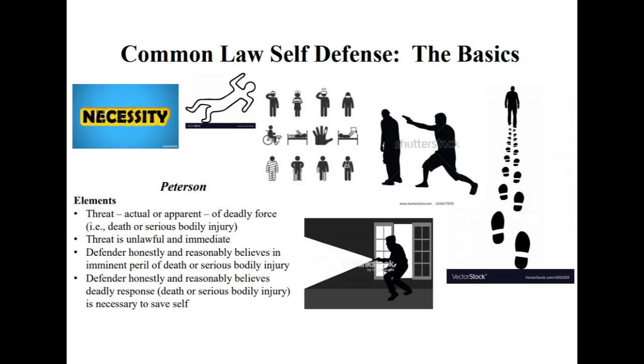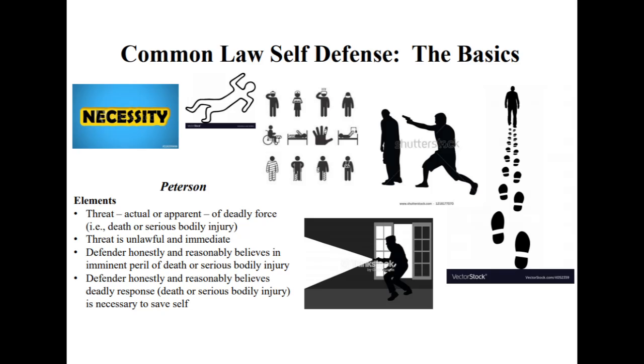So the basic elements that the court sets out for a claim of self-defense include four, as I identify them. You might identify them differently. It makes no difference to me how you identify them, but you must be sure that you are identifying all of the basic elements. So the four elements, as I take them to be, include first, a threat, actual or apparent, of the use of deadly force against the defender.